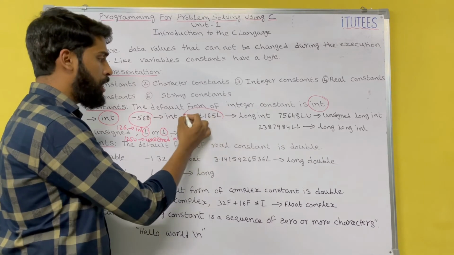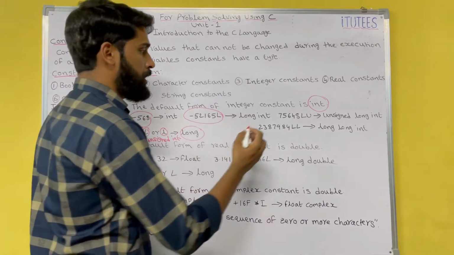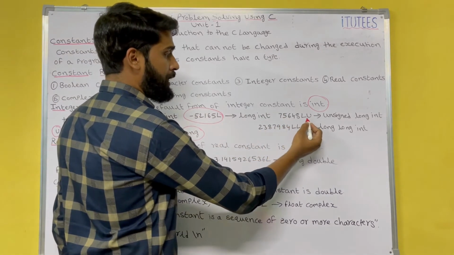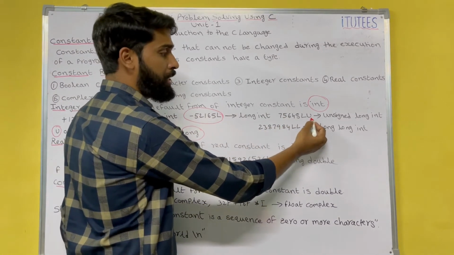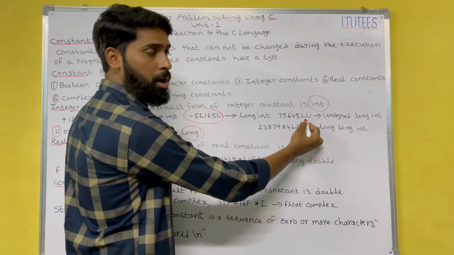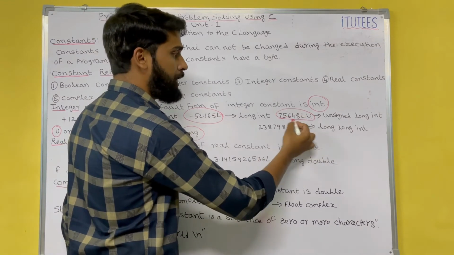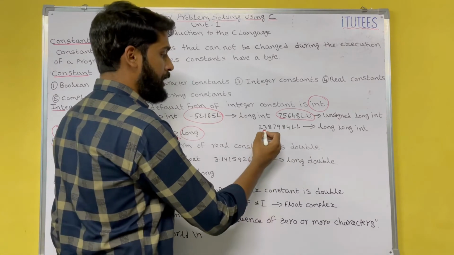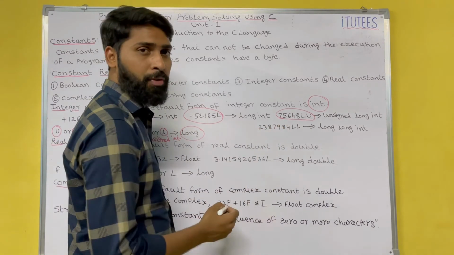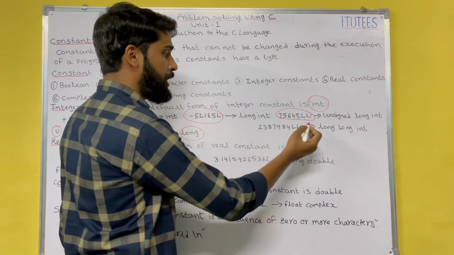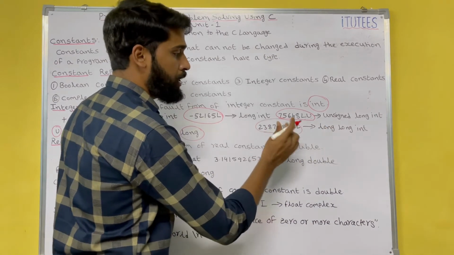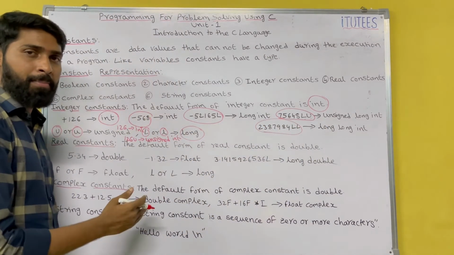It is a long integer. So 75648 LU, what is the LU? U means unsigned, L means long. So it is an unsigned long integer. Similarly 2387984 LL means long long integer. So U means unsigned, L means long.